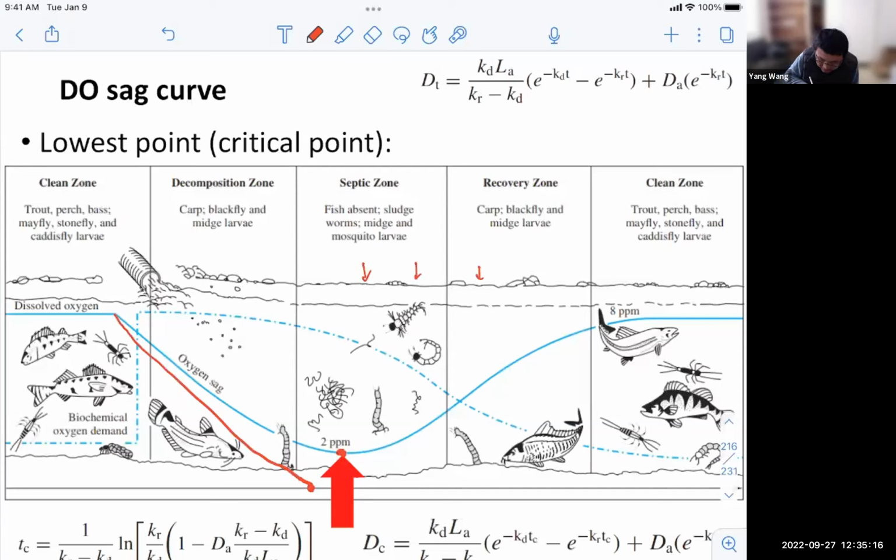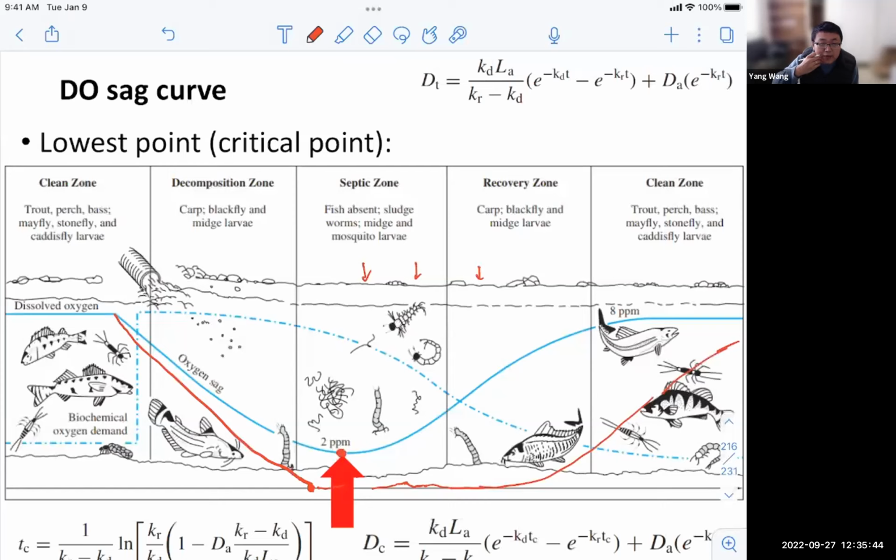You can think that if we have any amount of oxygen after it reaches zero, then it's going to react with the organics in the river. So the oxygen is going to stay at zero for a very long time before it can recover. That's why we're quite interested in this lowest point.